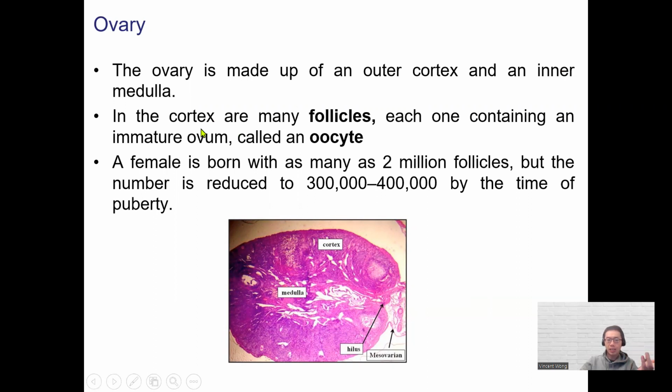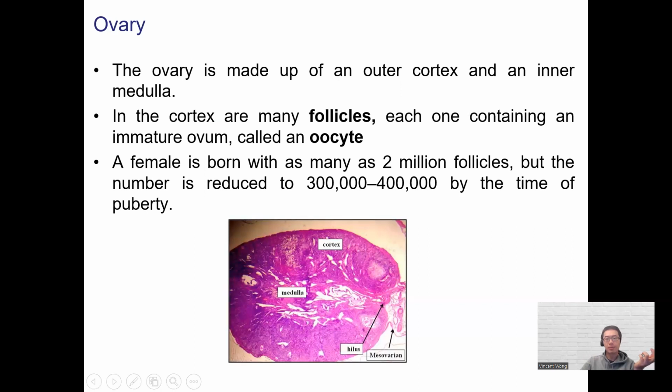Now, on the outside, in the cortex, there are many follicles. These follicles contain an immature egg that has been suspended in prophase 1. You learned about this last semester, right?